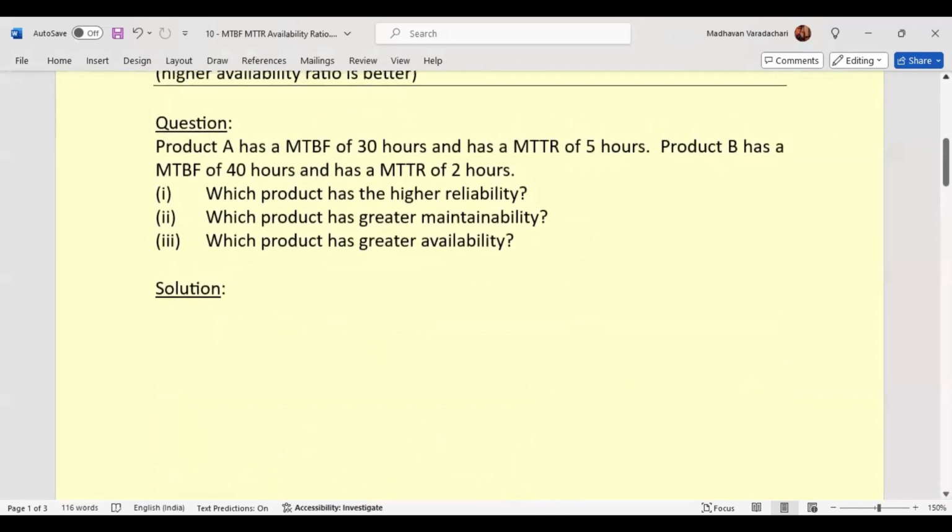The first one, MTBF. Since they are talking about reliability in the first part, we are considering MTBF of A is given as 30 hours.